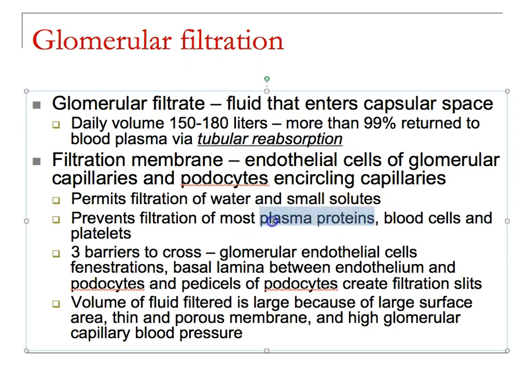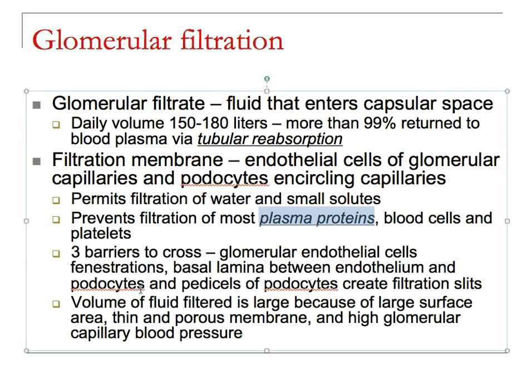Remember inside lab when we were looking at the blood tests, there was one there for protein level. Okay? Plasma proteins shouldn't exit. They should be too large to actually get out. Blood cells shouldn't get out, and platelets shouldn't get out. So the fluid actually has to pass through those endothelial cells, fenestrations, and the basal lamina between the endothelium and the podocytes. You'll see how that looks in a second.